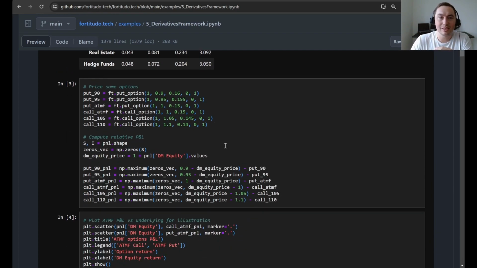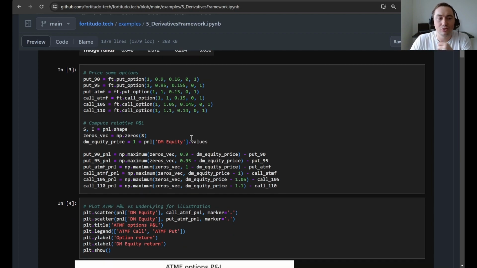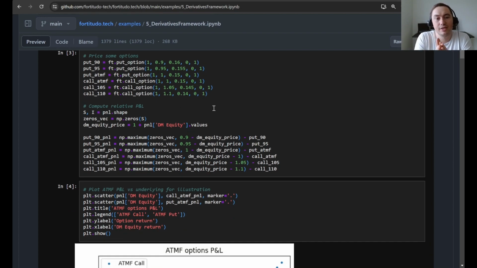But in this P&L simulation, we do not have any options P&L. So the first thing we do is to price some options on the equity index. And here we make some assumption about the skew of the implied volatility and things like that. But the pricing of options is not really so essential in this case.